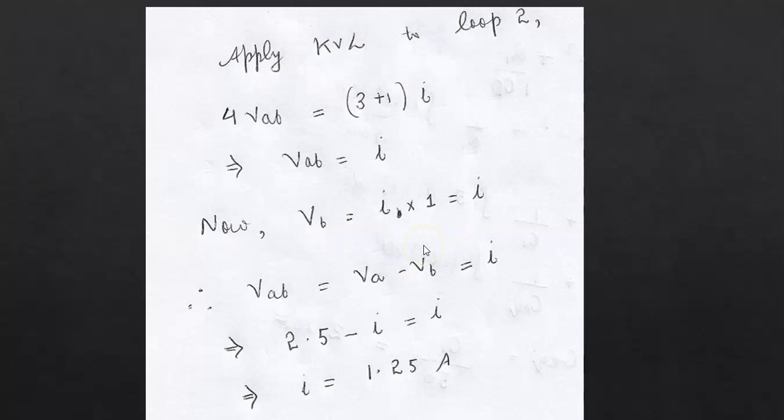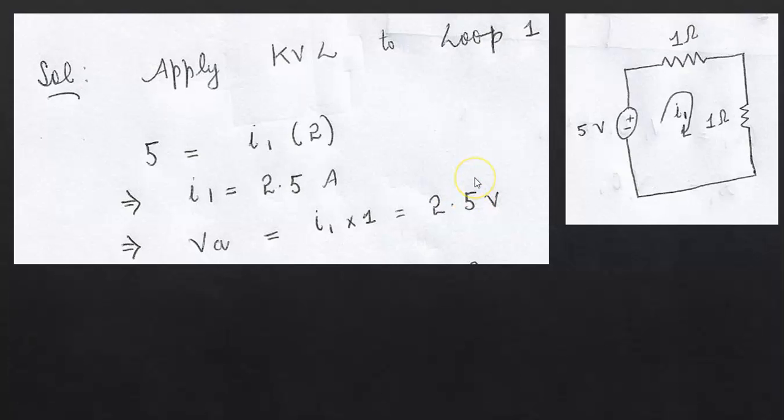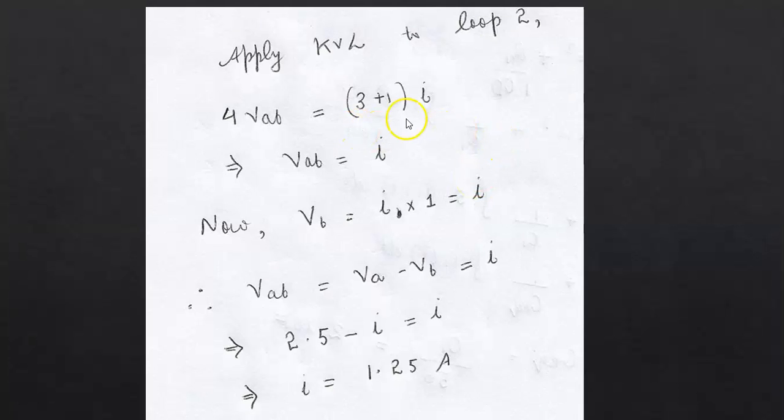Now we apply KVL to the loop 2. In the loop 2 we will have 4 VAB is equal to 3 plus 1 into I, because the voltage source is given to be 4 VAB and the total resistance of the loop will be 3 plus 1 ohm, that will be 4 ohm.